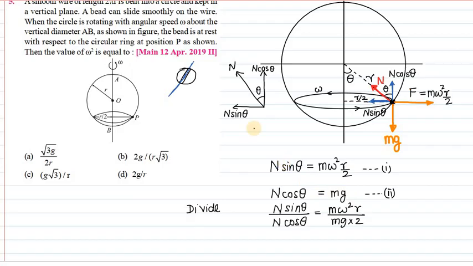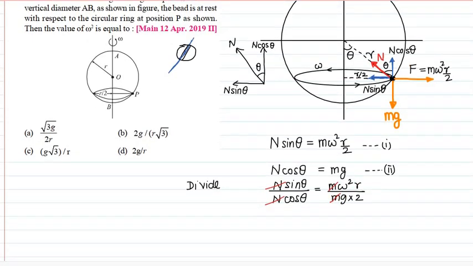The normal cancels on the left side and the mass cancels on the right side. Then sin theta by cos theta is tan theta, so tan theta is equal to omega square r by 2g.